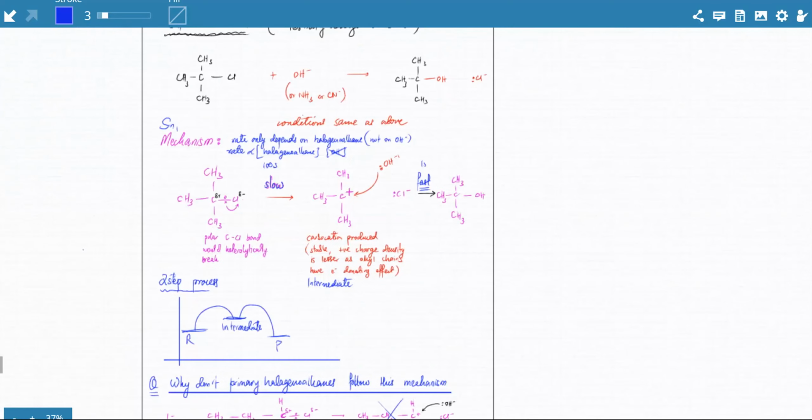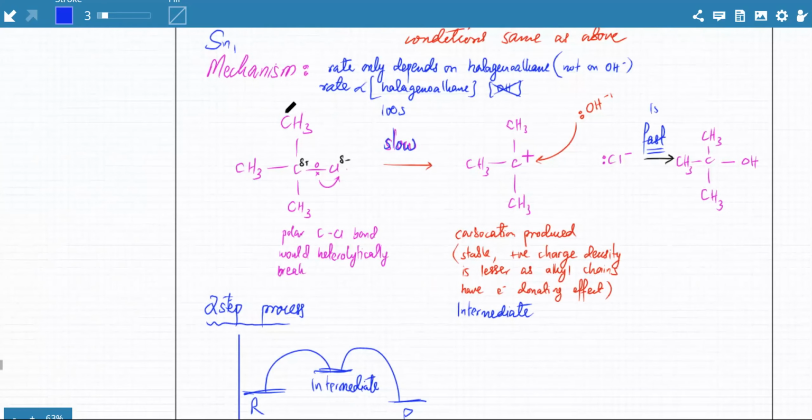SN1 mechanism was a two-step reaction when the carbon was surrounded by carbon chains. So the nucleophile वो बाद में आता था, पहले Cl टूटता था, उसके बाद फिर जगह बनती थी, तो carbocation के साथ OH- would come in, would sneak in and would bond with it. So it was a two-step reaction.